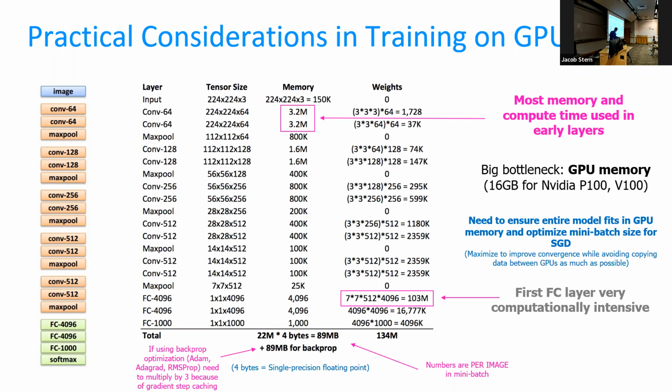Now you'll also see this. It says if using backprop optimization, and we're going to talk about this next lecture, Adam, Adagrad, and or RMSprop. These are alternatives to gradient descent. If we're using any of these, we need to multiply this number by 3 to cache certain information about our gradients.